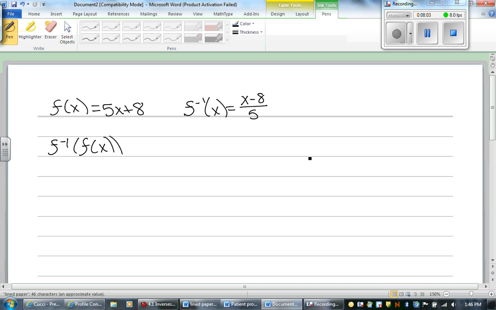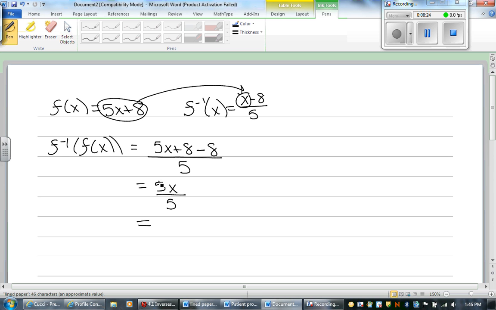That looks like 5x plus 8 minus 8, going in for this value, over 5. So this whole thing went in for x. This is equal to 5x over 5. The 5's cancel and I'm left with x.